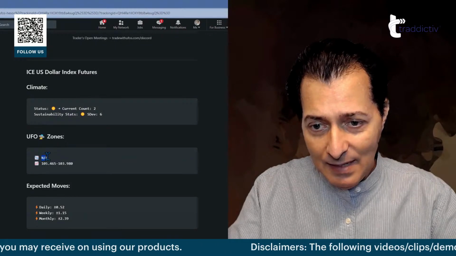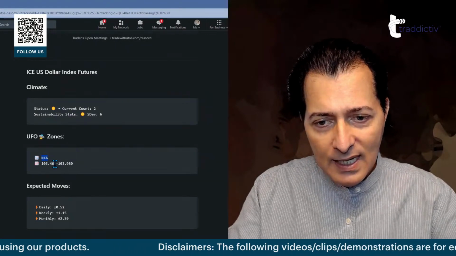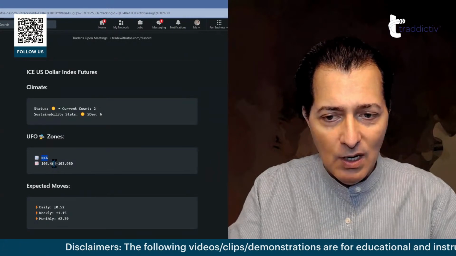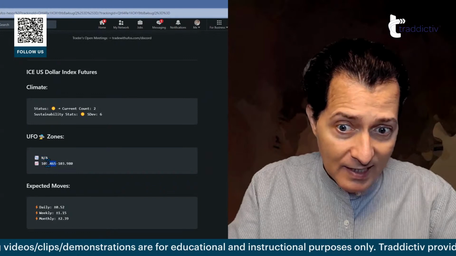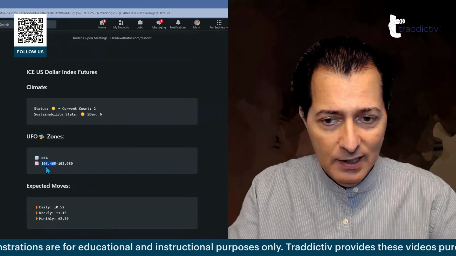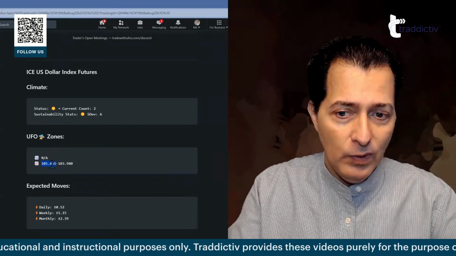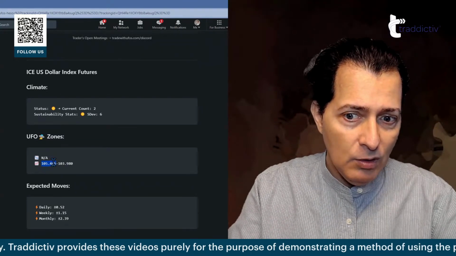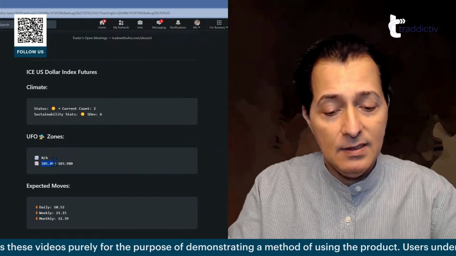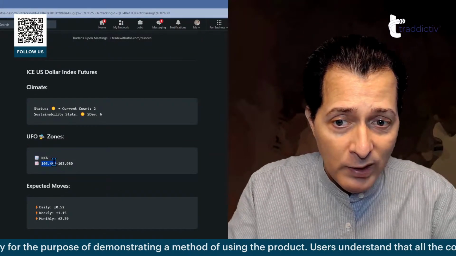At this moment in time, it's happening. We have no clue where the sell orders are, which potentially opens the door for a powerful move to the upside in the case of the dollar index. Now, of course, as I said earlier, with crude oil or gold, if sell on-field orders come into the market, our technology will pick it up, and you will see those red UFOs plotted on the screen automatically for you.